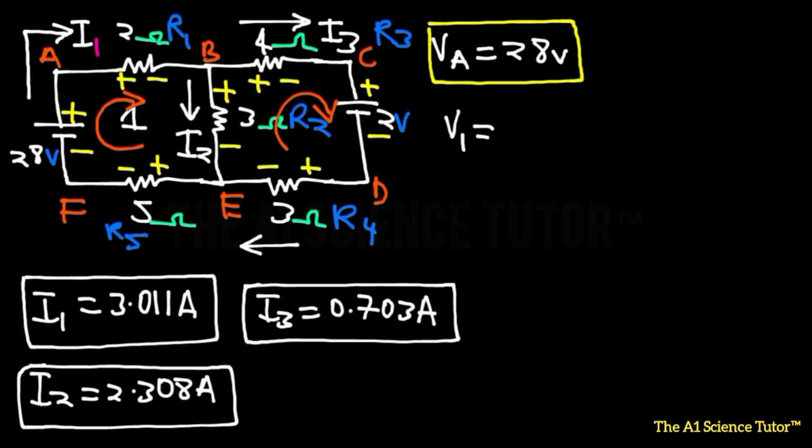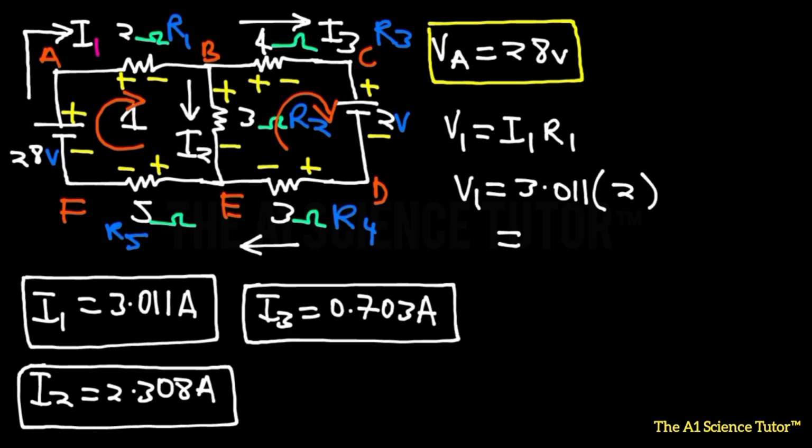If you are required to do that, basically that will be I1 multiplied by R1 from Ohm's law. Now I1 we have found out to be 3.011. That will be multiplied by R1. So this should be 6.022 volts. This is the amount of voltage that will be wasted over the first resistor. Now you could use this formula to find out the voltages wasted over all the resistors. So you could find V2, V3, V4, and V5.